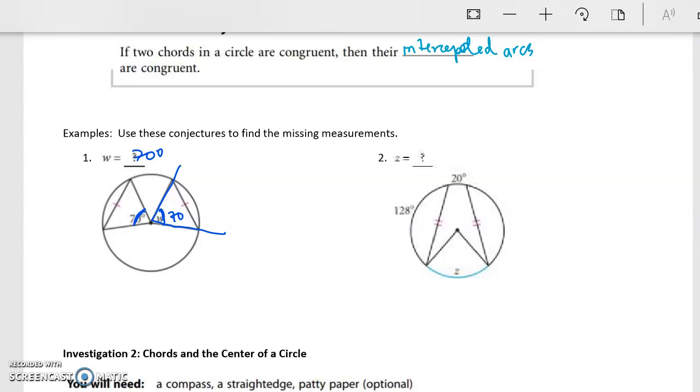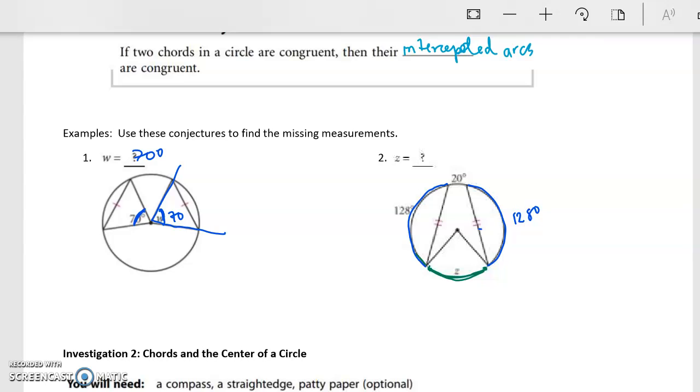This one, we need to think through things a little bit more. So we still have these congruent chords, which means this arc here is congruent to this arc here. Now we don't have central angles here, but this is the second conjecture that we looked at. So this is also 128 degrees. The question is, what is the measure of Z, which is this arc here?